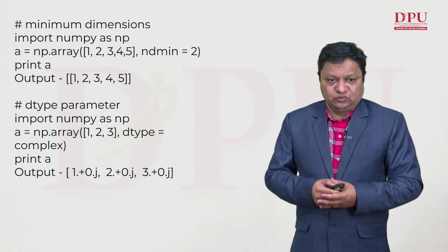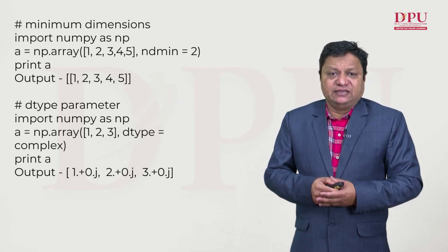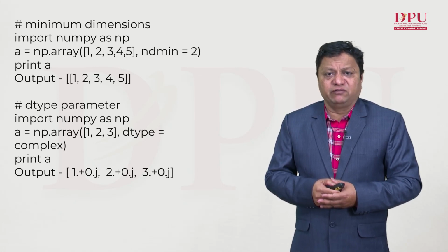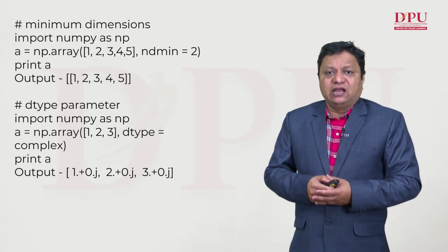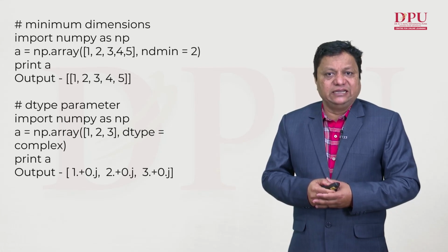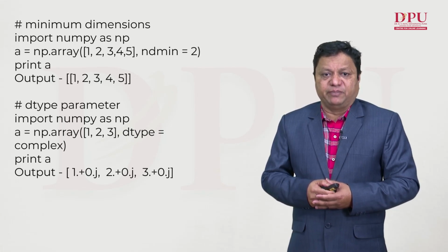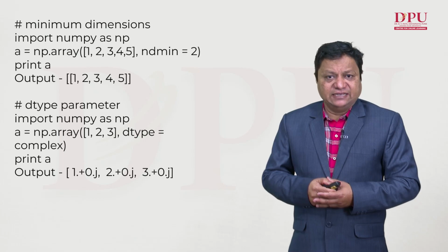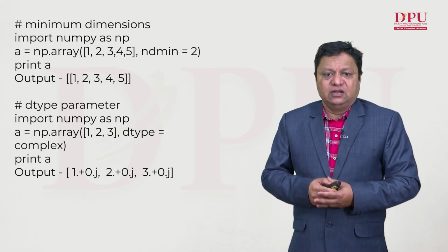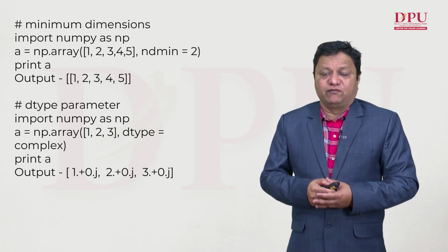Now I can specify the data type as well by using dtype is equal to complex. So here we can specify the data type for your array by using the attribute called dtype. Here, import NumPy as np, A is equal to np.array in the rounded bracket, and in the square bracket specify the values as 1, 2, 3, and here I want to create an array of complex numbers.